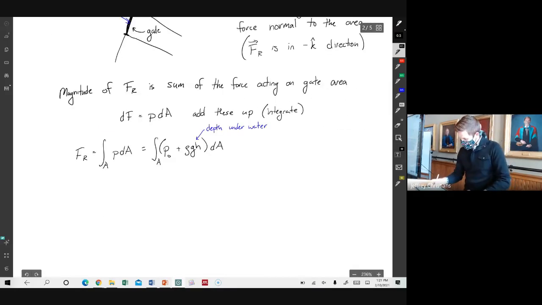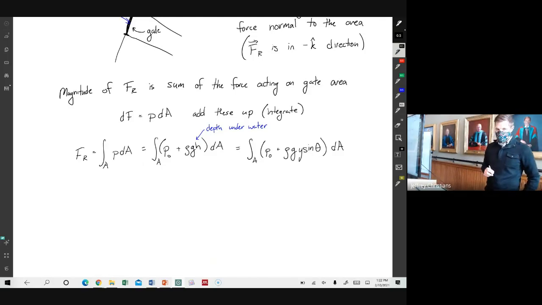So this is equal to the integral over the area of P naught plus rho g y sine theta times dA.